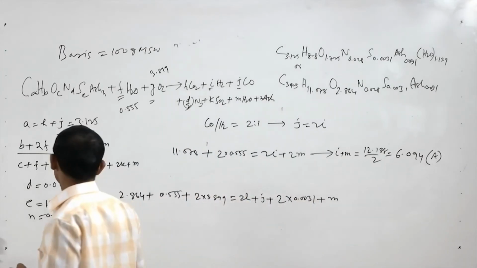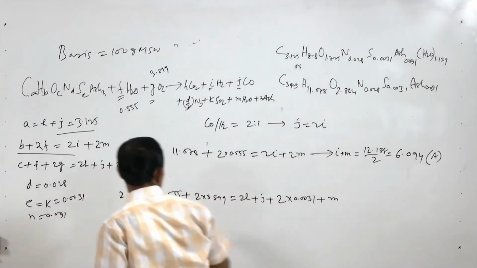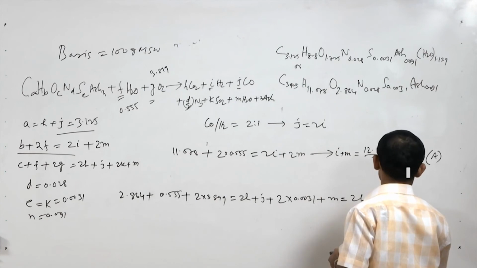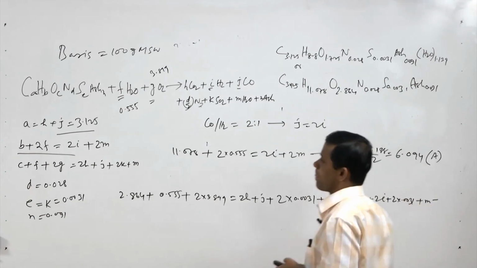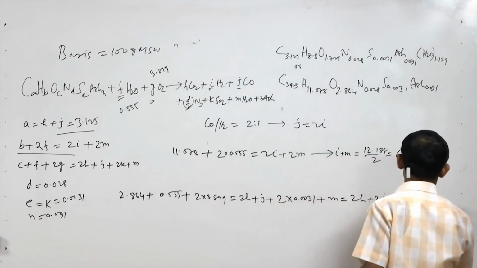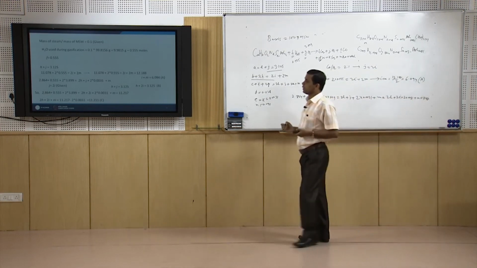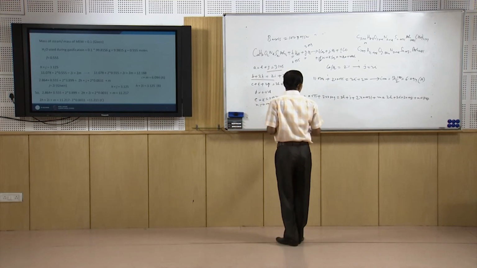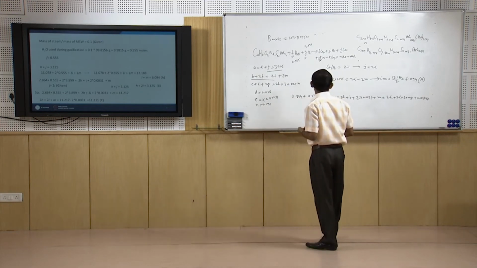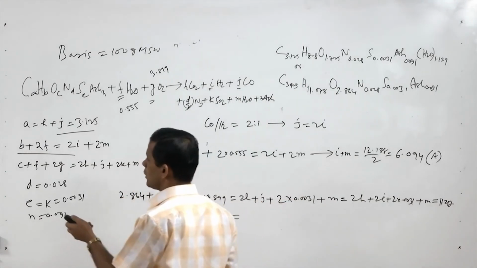So, if we put J equal to 2I here, this will be equal to 2H plus 2I plus 2 into 0.0031 plus M. We are getting this part equal to 11.217, or we are getting 2H plus 2I plus M equal to 11.217 minus 2 into 0.0031. So, that is equal to 11.211.